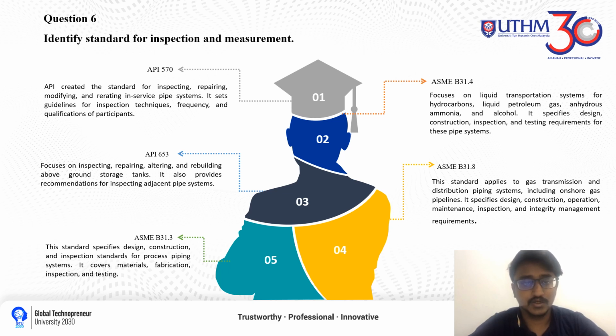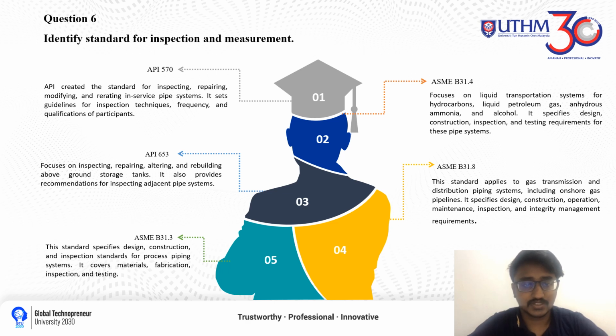API 570 is the standard for inspecting, repairing, modifying, and rerating in-service piping systems. It sets guidelines for inspection techniques, frequency, and qualification of personnel. API 653 focuses on inspecting, repairing, altering, and reconstructing aboveground storage tanks.